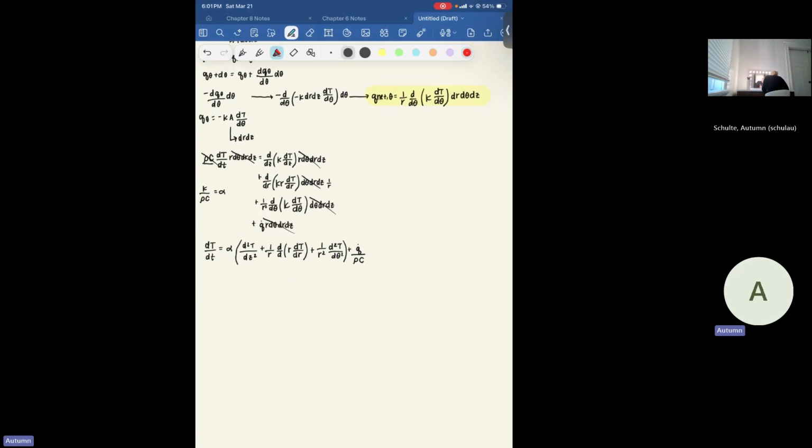And now we can say that this becomes our heat diffusion equation for cylindrical coordinates.